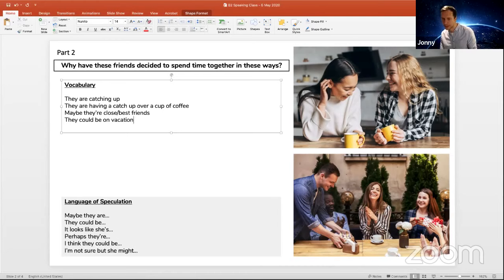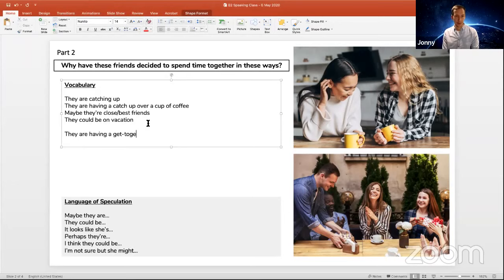What about the second picture? Robert says they haven't seen each other since they were children and they wanted to have a get together. Yes, good. I think you're talking about the second picture, or maybe you're talking about the first picture.